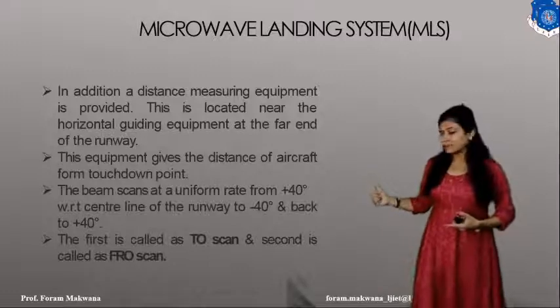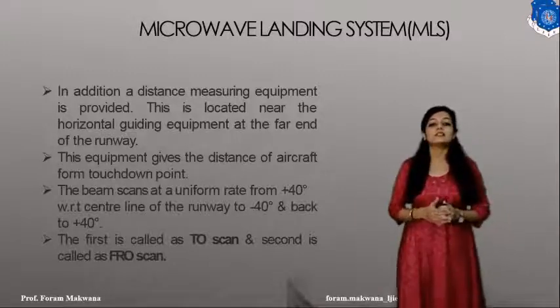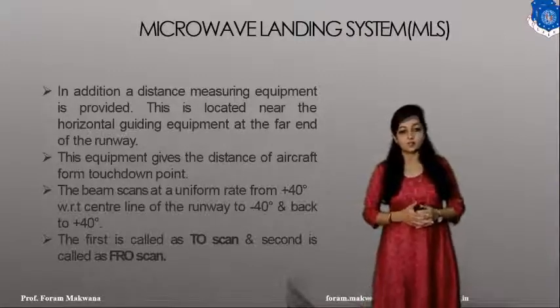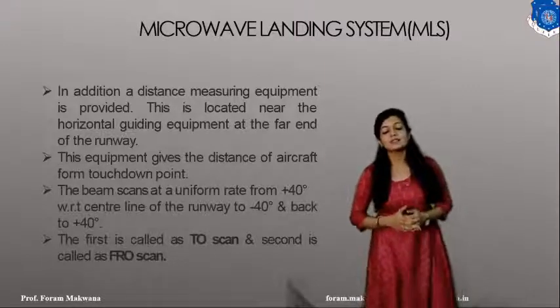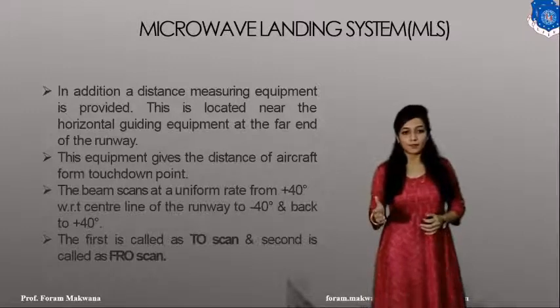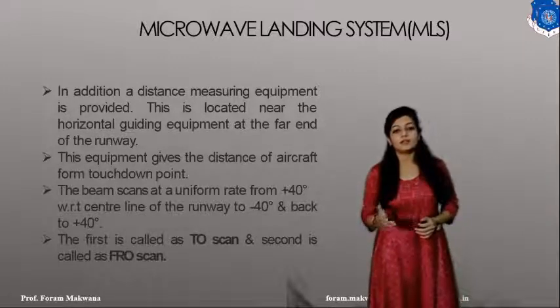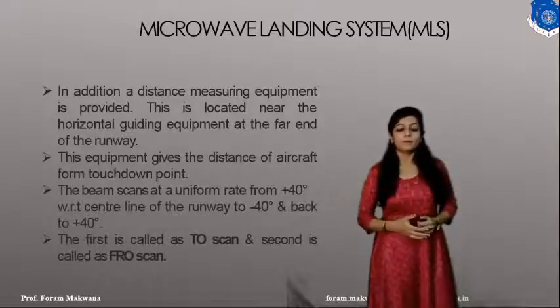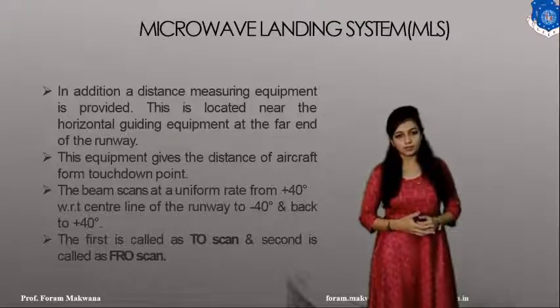So the equipment gives the distance of the aircraft from the touchdown point. Okay? The beam scans at a uniform rate from plus 40 degrees with respect to the center line of the runway to minus 40 degrees, and plus 40 when it is possible. Alright?